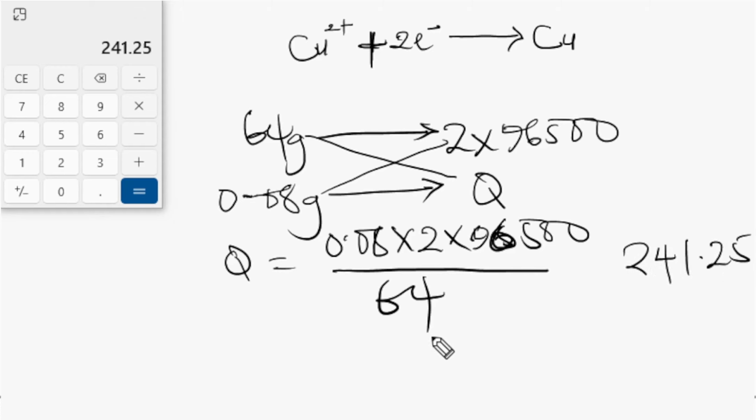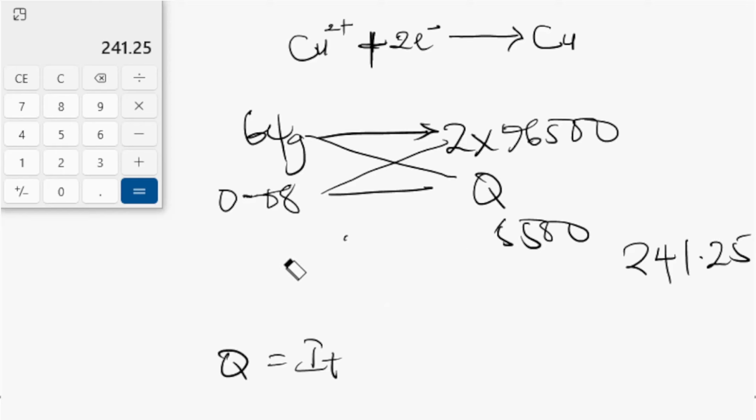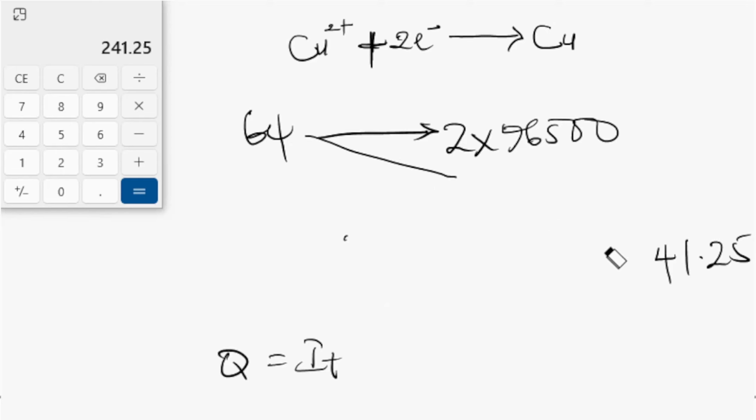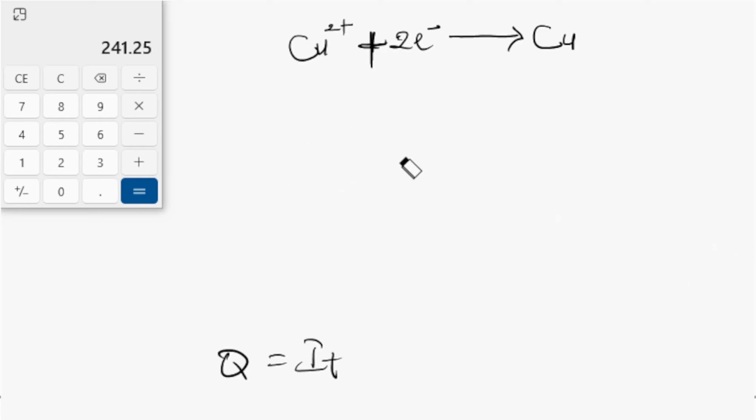So guys, Q is 241.25, but we know that Q is equal to IT. I hope you've not forgotten this expression, so you have to always recall this. So now that we have this, we can go ahead and wipe these other parts. So since Q is equal to IT, what next do we do? We want to know the value for the t. That's how long it will take, that's the time.